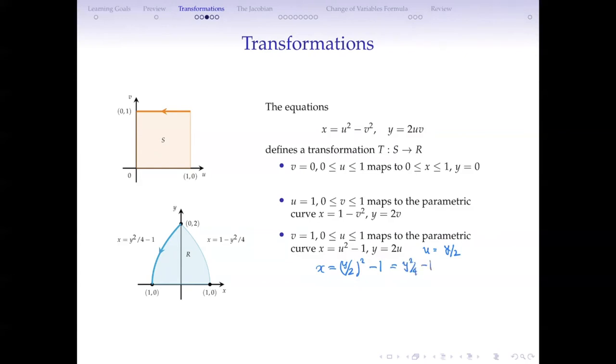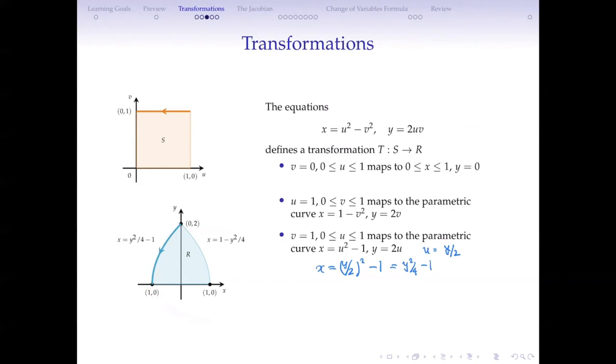That's the graph of another parabola that opens out this way, but it's now restricted to, let's see, if u runs from 1 to 0, then y runs from 2 to 0, and sure enough, the curve that we traverse is this curve along here, going down back to the x-axis.